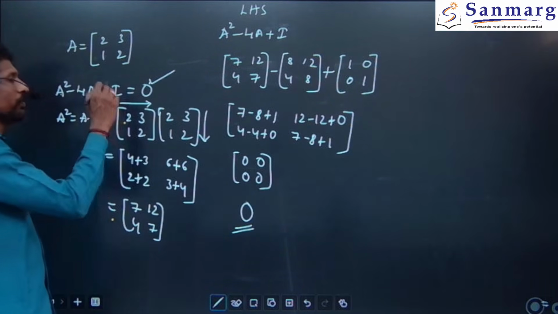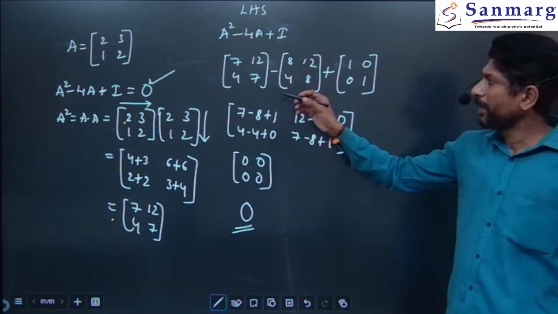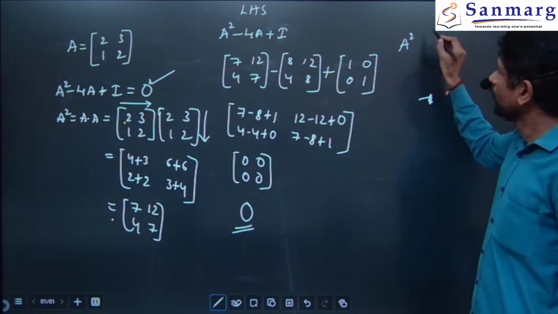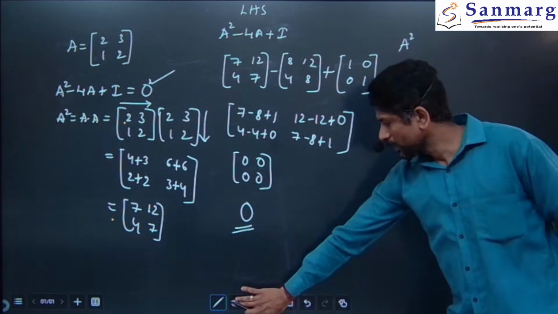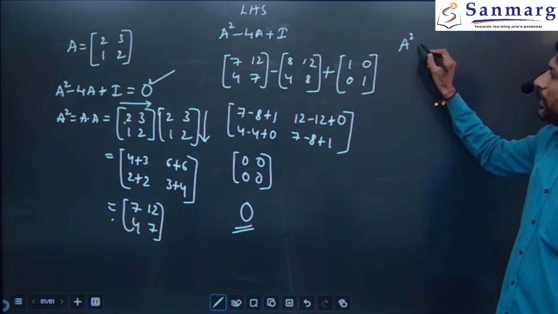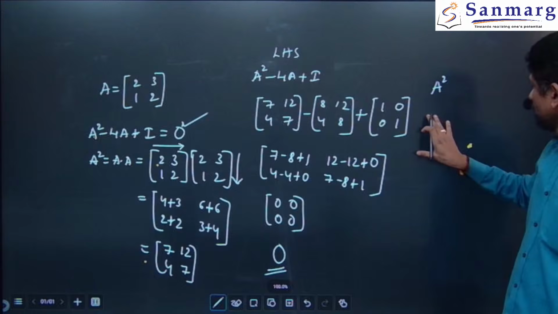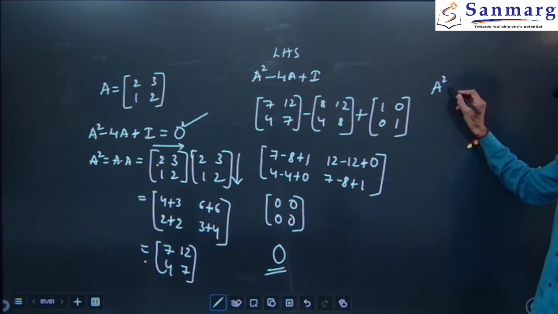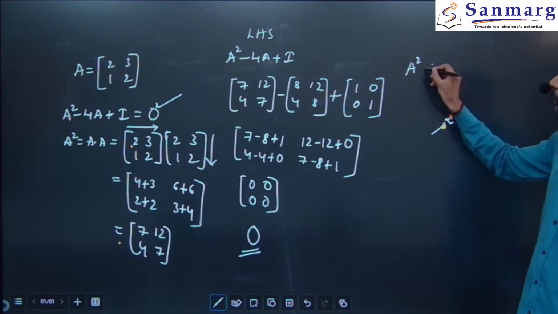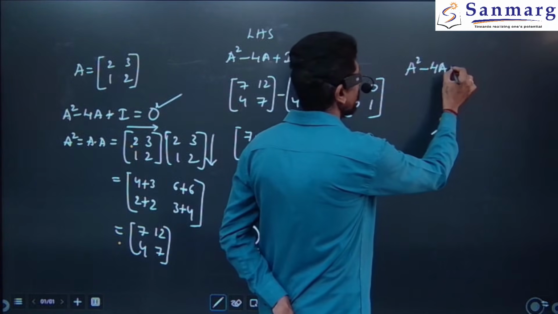By taking the same equation, you have to find the inverse of the matrix. How to identify the inverse: consider the same A square minus 4A plus I equals 0.